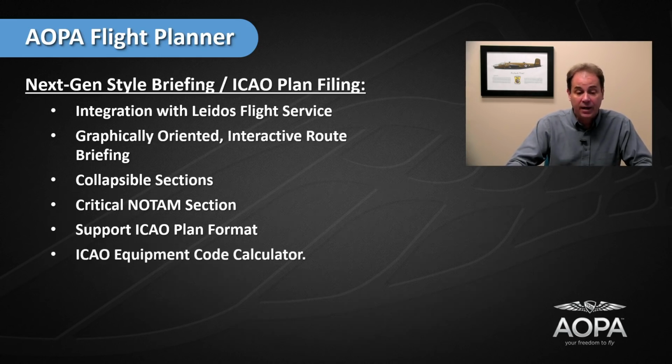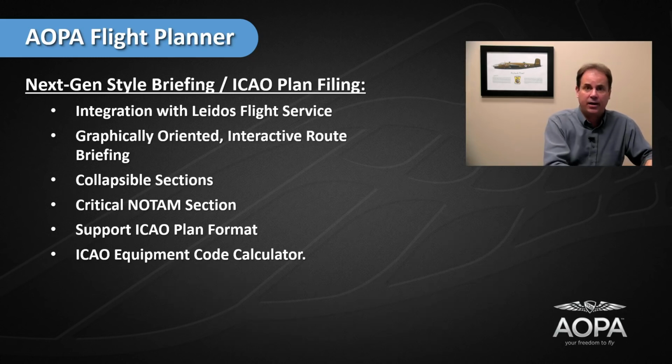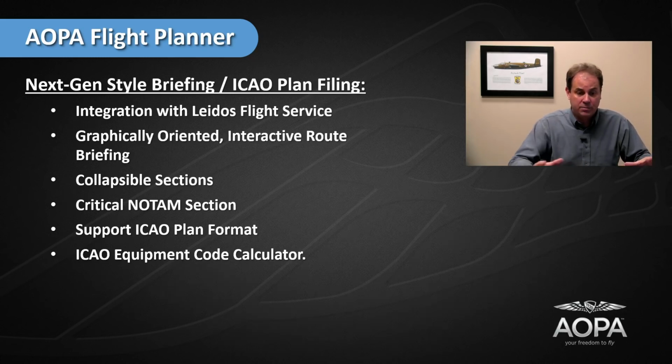Okay, so the ICAO equipment code calculator is something unique we've built into the Flight Planner. One of the things we get a lot of calls about at the Pilot Information Center is people saying, I'm trying to file an ICAO flight plan, but it wants my ICAO equipment code and surveillance equipment and emergency equipment, where do I get this, and how do I figure out what this code is?